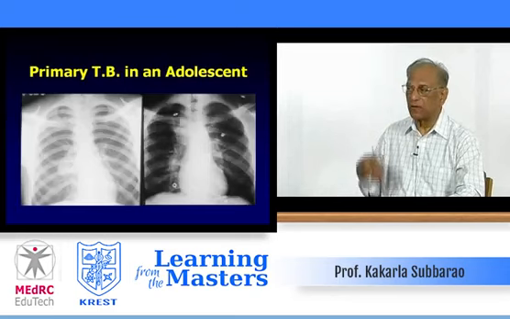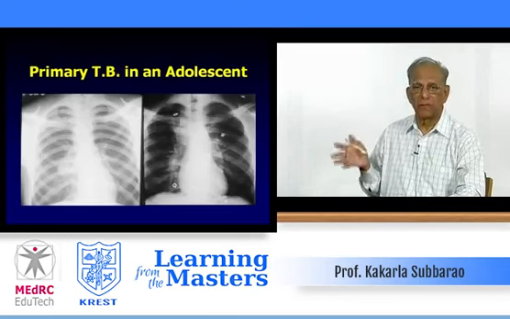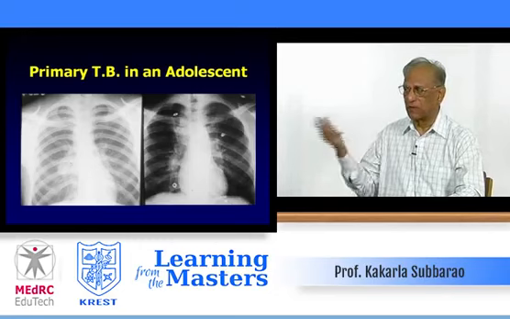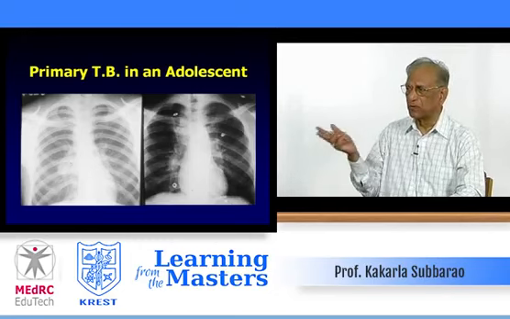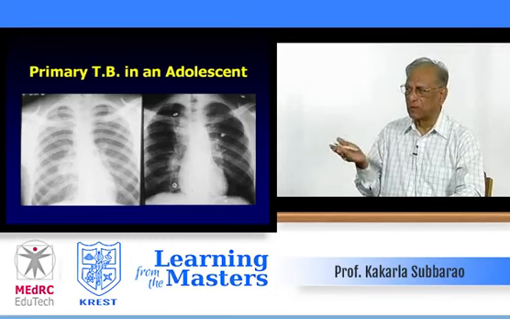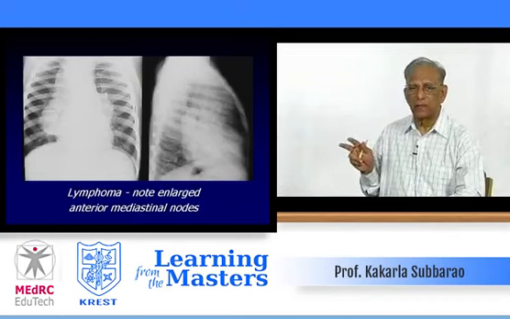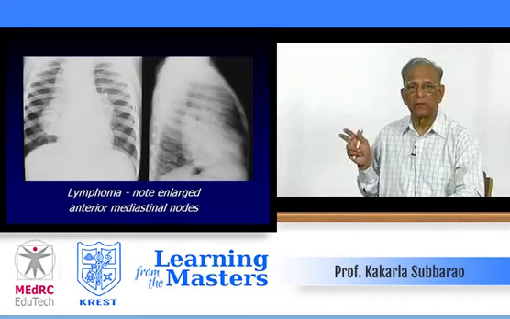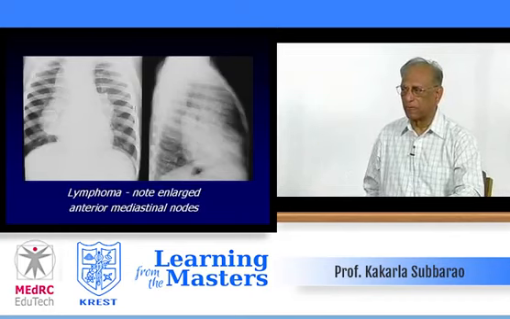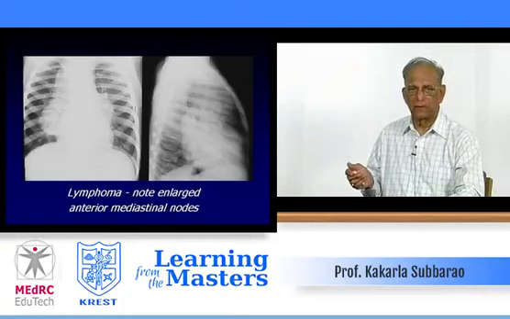Primary TB in an adolescent, although it is common in childhood, occasionally we see it in the adolescent also. And these are two different patients showing the same hilar adenopathy and perifocal infiltrates. And hilar adenopathy does not always mean tuberculosis. Here, for example, you see the right paratracheal enlargement, both hilar nodal enlargement.